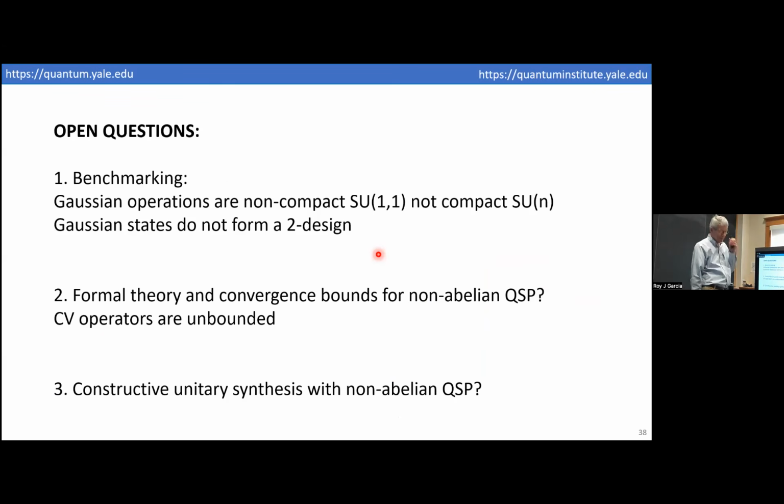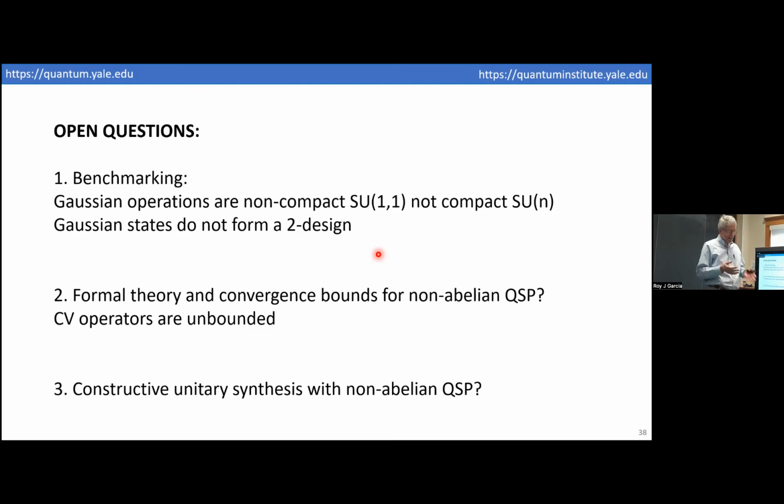So I'll just end with open questions. I didn't talk much about benchmarking. I showed you that we can do tomography, but in qubit randomized benchmarking, you do a bunch of random Clifford circuits, and they cover the Bloch sphere well enough that you have a 2 design, a good approximation for measuring expectation values for certain operators, as good as the Haar random measure.